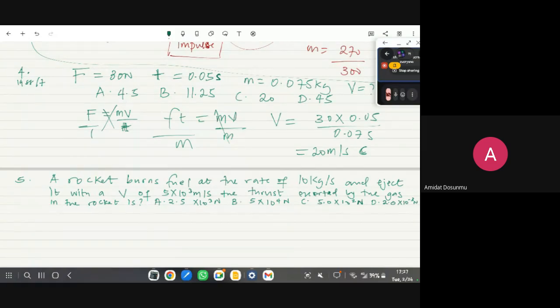A rocket burns fuel at the rate of 10 kilograms per second and ejects it with the velocity of 5 times 10 raised to the power 3. So when we say thrust, we mean force. Thrust means force.